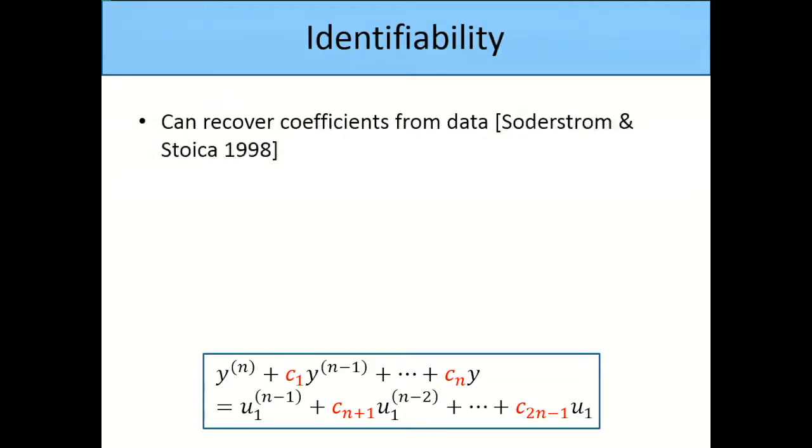We assume we know y prime, y double prime, u prime, u double prime, etc. We're assuming we know these functions perfectly, at many, many time instances, t1, t2, t3, etc. So you could imagine taking your input-output equations and evaluating them at t1, t2, t3, etc., and you would get a linear system of equations in those coefficients, and we're assuming that you can uniquely recover values of these coefficients from our data. So that's our first assumption: we can recover values of these coefficients from our perfect data.